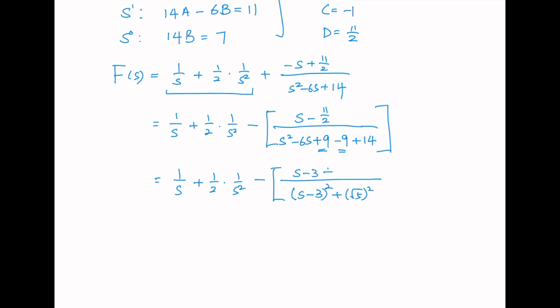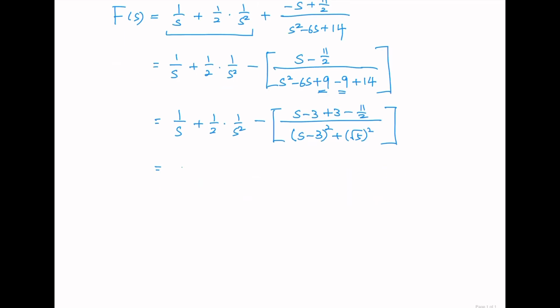And then we need to add 3 so that we keep the equal sign. Now we're going to separate this. I have s minus 3 over s minus 3 squared plus square root of 5 squared. And then 3 is 6 over 2. So we end up getting negative 5 over 2.